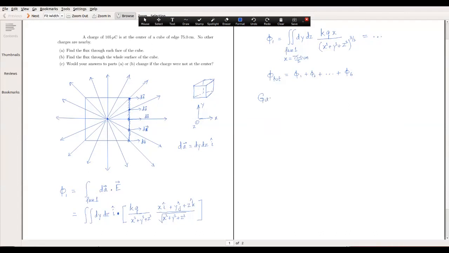simple. And Gauss's law tells us that this total flux, since the cube is a closed surface, this circle on the integral represents that this is a closed surface. It doesn't matter what these integrals are, however complicated they are.